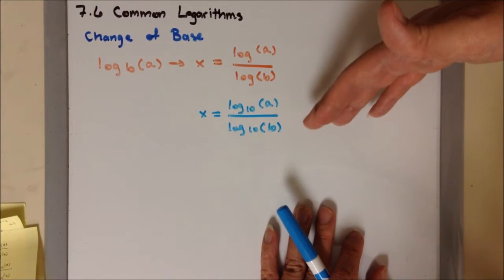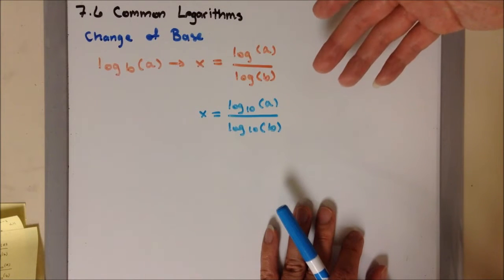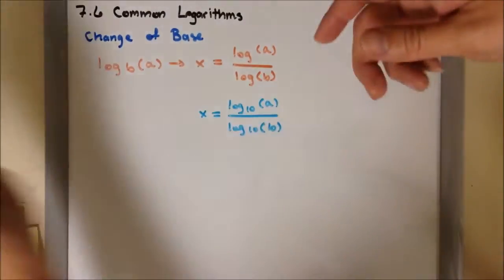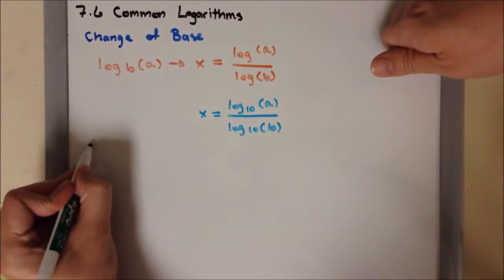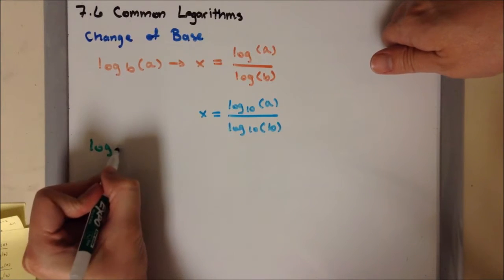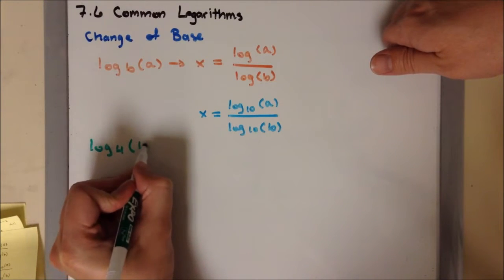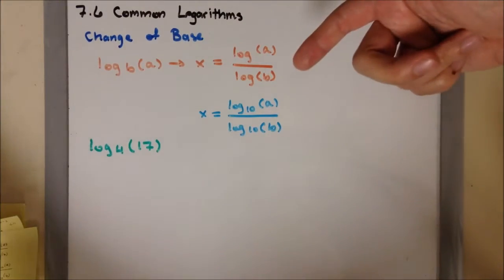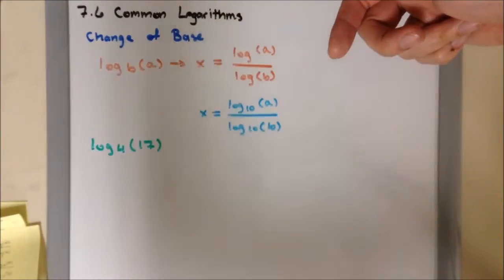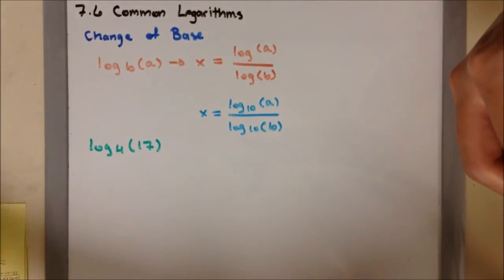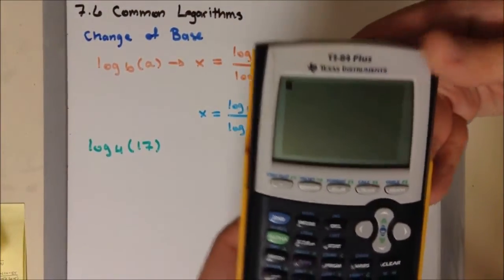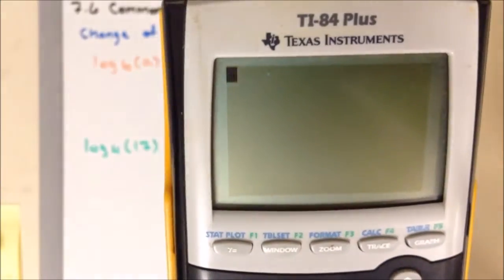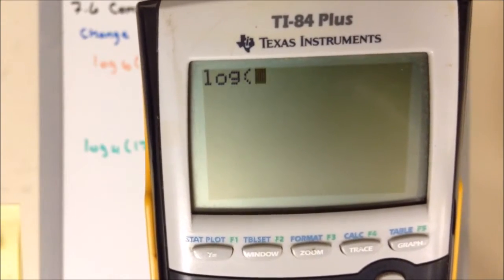Now the reason we're going through this for change of base is because when you're evaluating, let me give you an example. Say that you were asked to evaluate log base 4 of 17. If you had the option to use a calculator, I have no option to type in my base if I hit log.